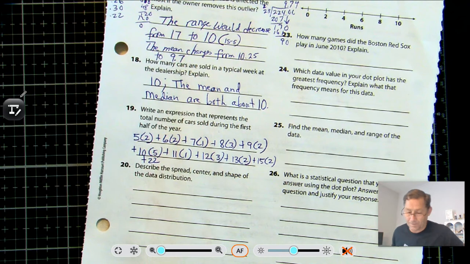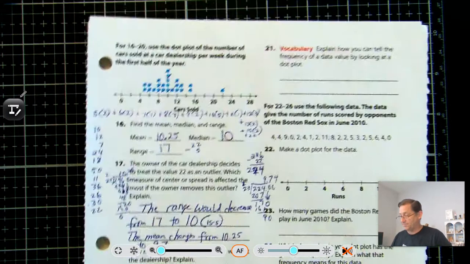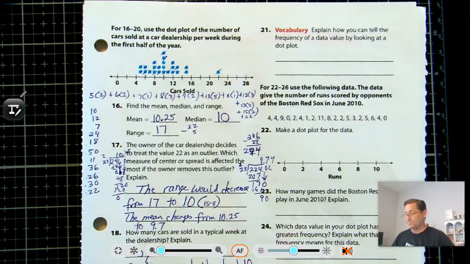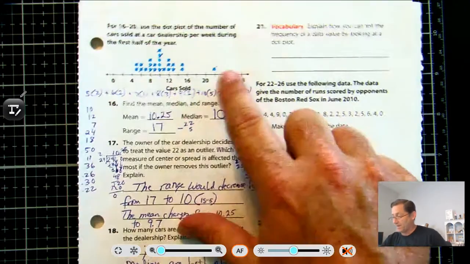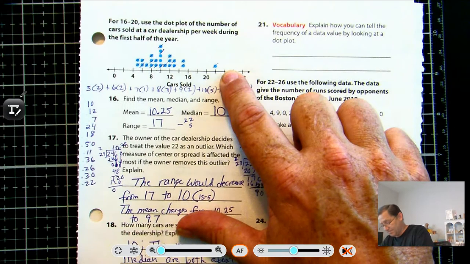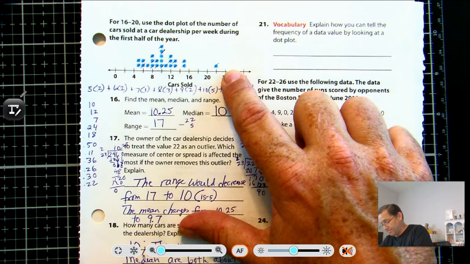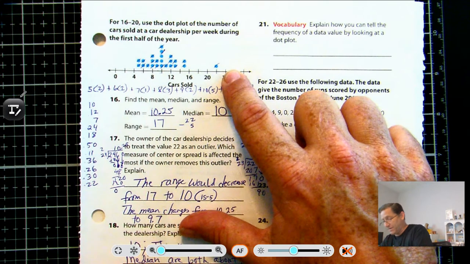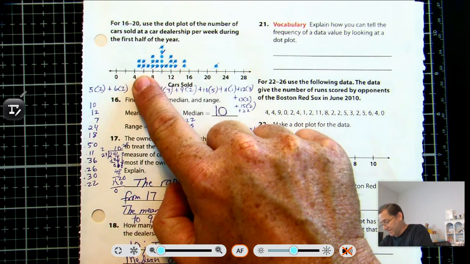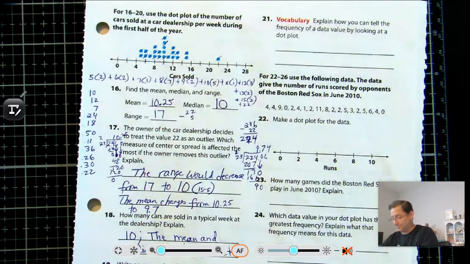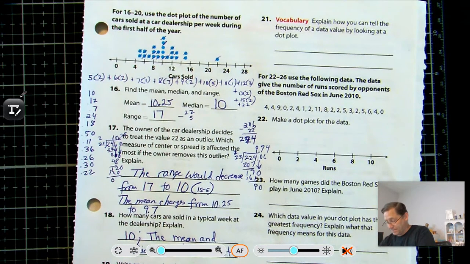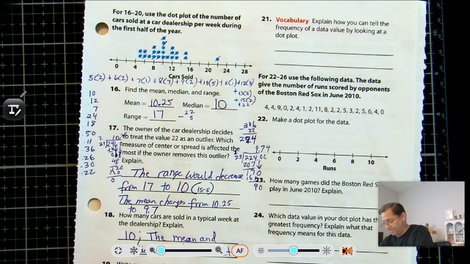Okay. 20. Describe the spread, center, and shape of the data distribution. All right, so the spread is from 5 to 22. The number 22 is an outlier.